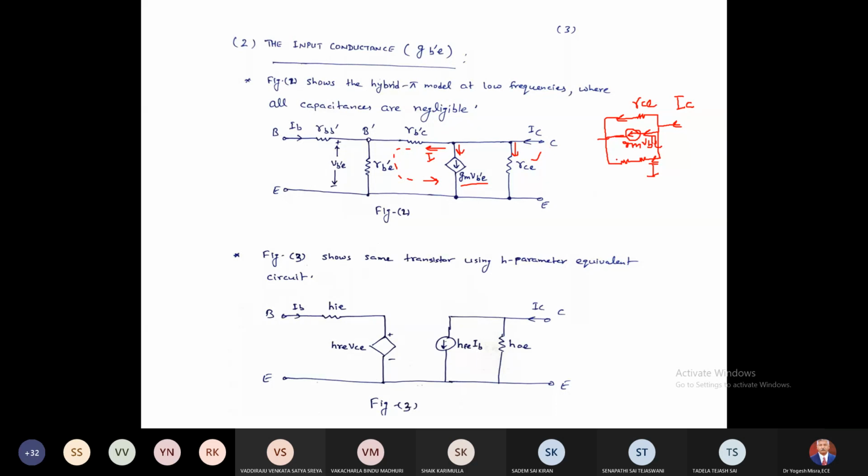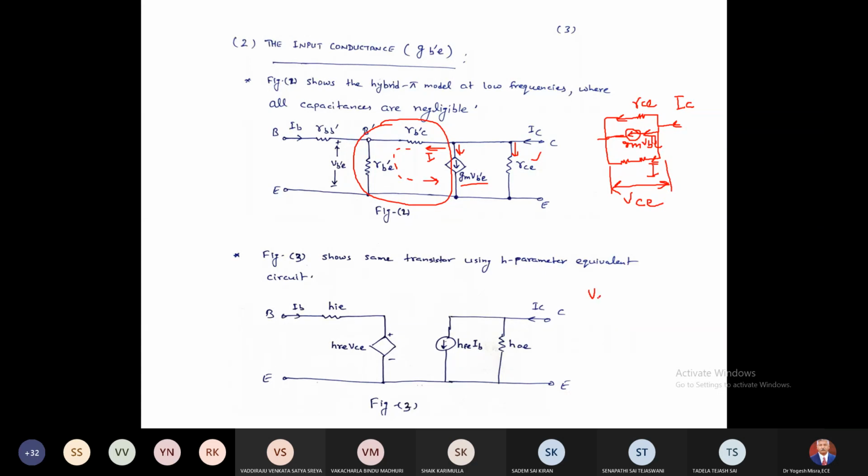So we see, right? So now you concentrate in this loop, in this part, right? In this part you concentrate. So what we can write?